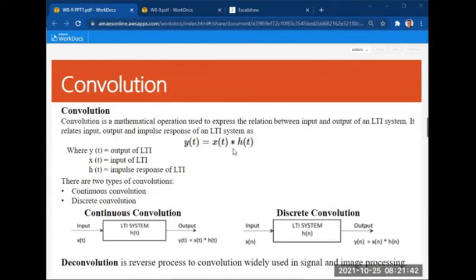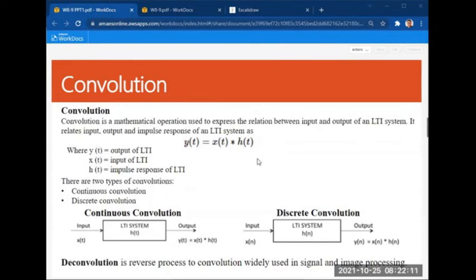So this is the convolution operation. We have the star, which is different from multiplication, because we're dealing with signals. In this representation, y of t is the output of the linear time invariant system, x of t is the input, and h of t is the impulse response.